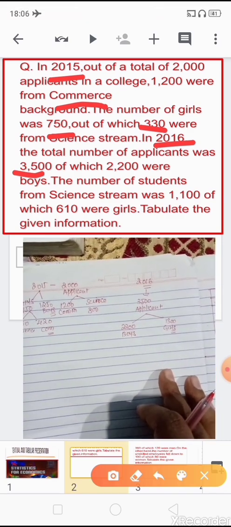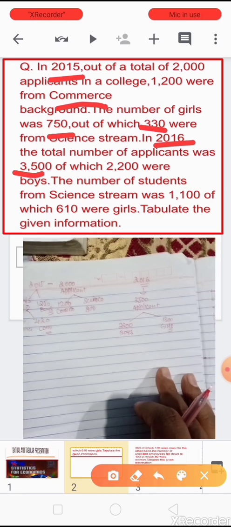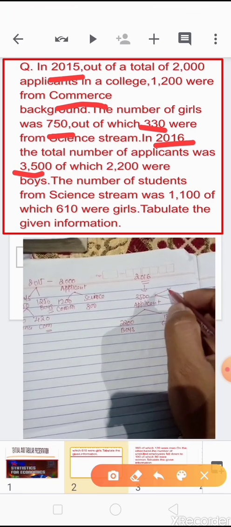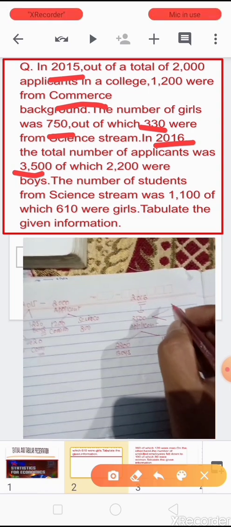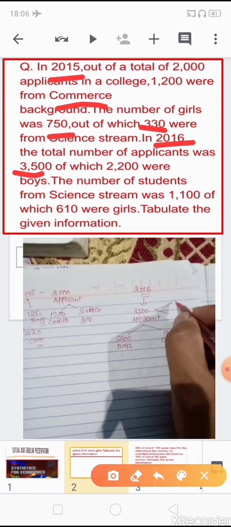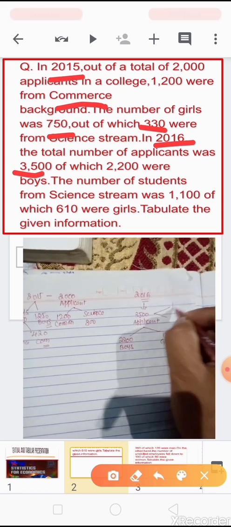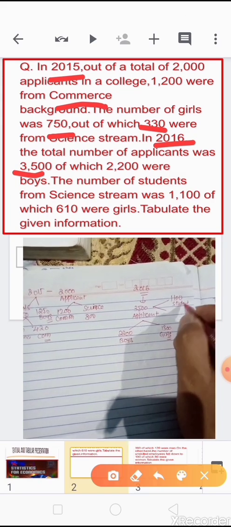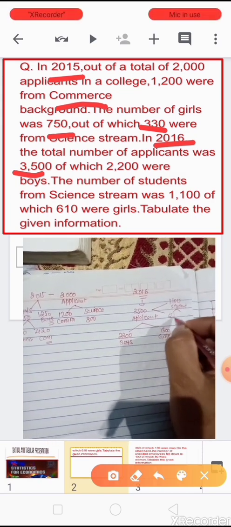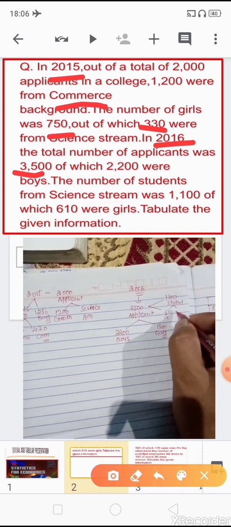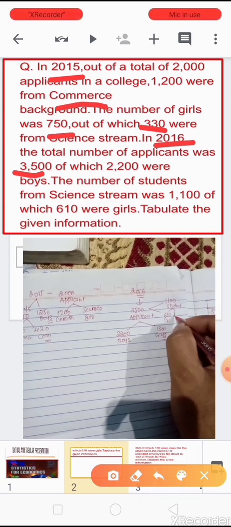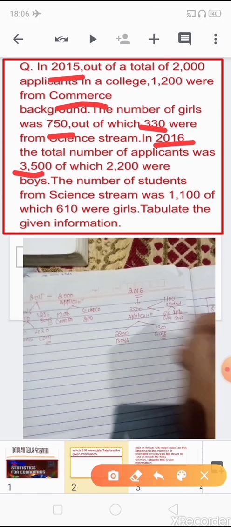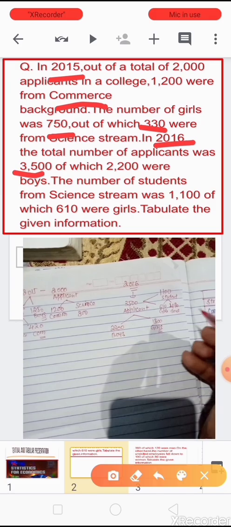The number of students from the science stream was 1100. It is not clear how many of them are boys or girls, but the total number of students in the science stream was 1100. And out of these 1100 children, 610 were girls, and the remaining you can find out, 490 were boys.